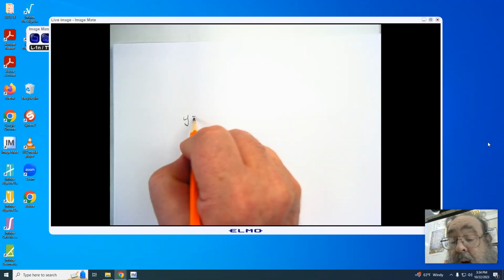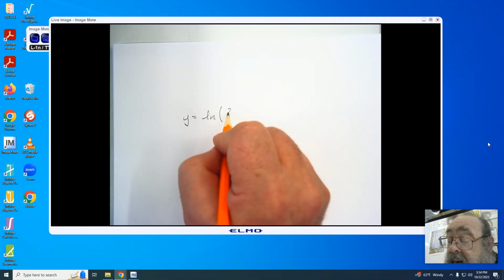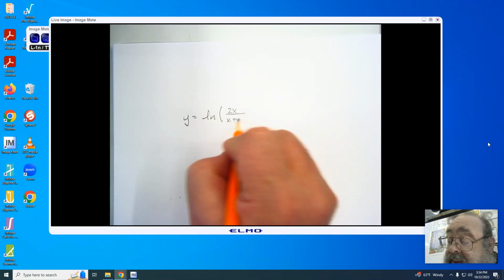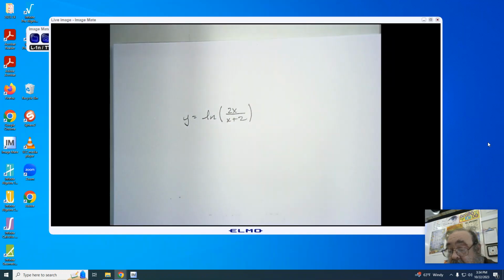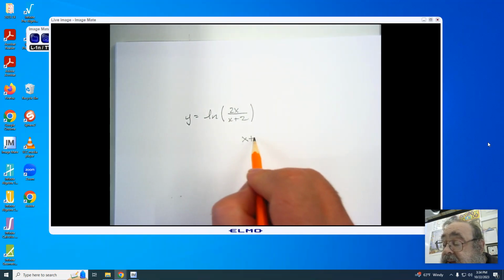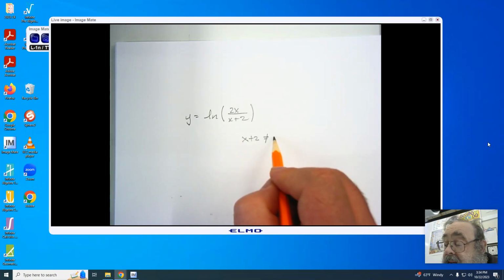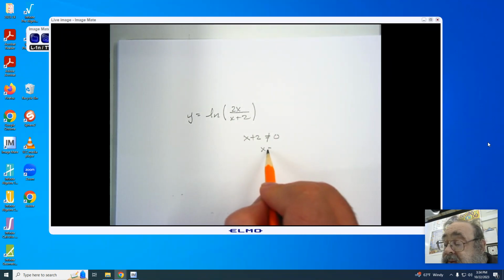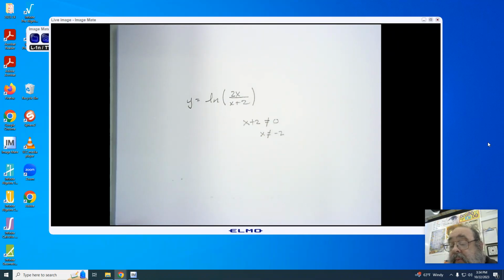Let's take a look at y equals the natural log of 2x over x plus 2. Once again, we have to make sure that we do not have a 0. So x plus 2 cannot equal 0, and therefore x cannot equal -2.